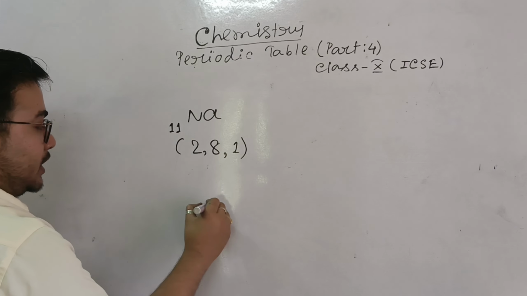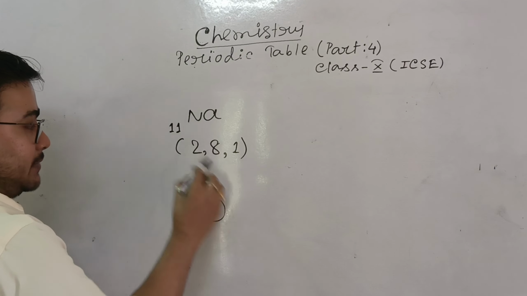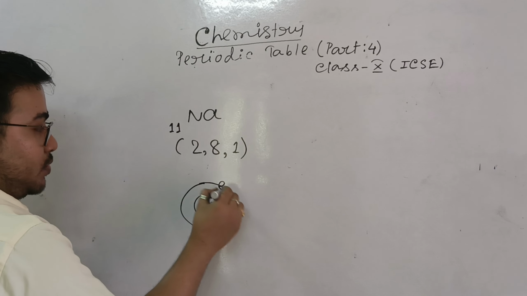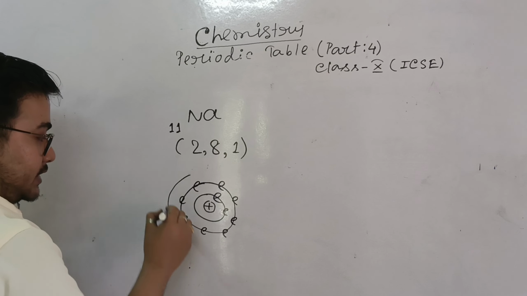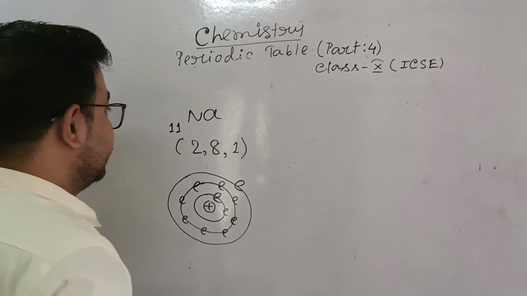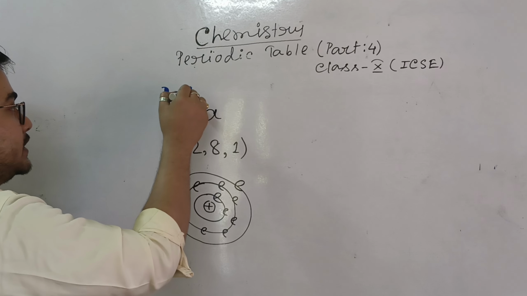Suppose you consider this is the atomic radius of sodium, that is, the first shell contains 2 electrons, the second shell contains how many? 1, 2, 3, 4, 5, 6, 7, 8, and the last shell contains 1 electron. Now tell me, in case of sodium, what is the number of protons? Obviously 11.